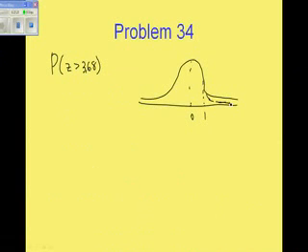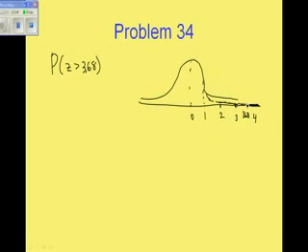Remember, as I move along the x-axis, this is asymptotic. It gets closer and closer to the x-axis without ever touching. By the time you get to 4 standard deviations, it is incredibly close. So 3.68 is right here. We want to know the area under the curve as I move to the right of 3.68.